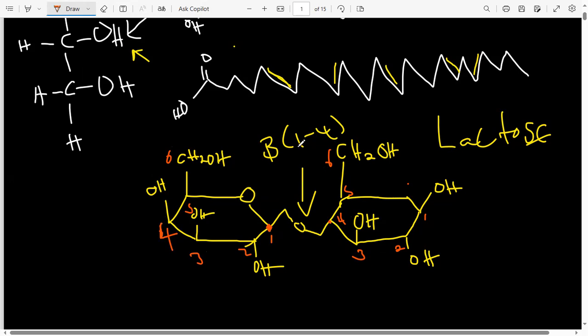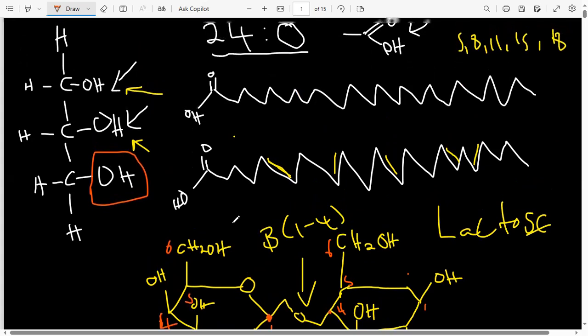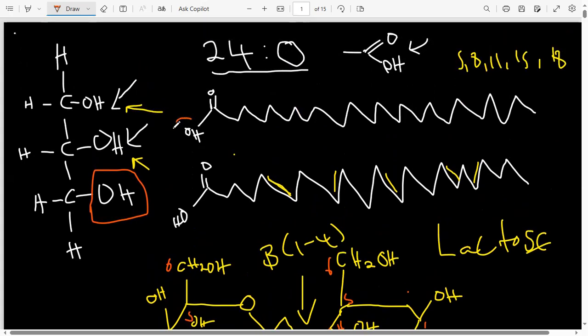So it means this disaccharide here is the one that will come and combine with this OH. So how does the combination happen? Okay, so you've seen on this carboxylic acid of the first fatty acid, we have OH. Even there we have OH. Okay, so this OH here and this OH, they're going to react.